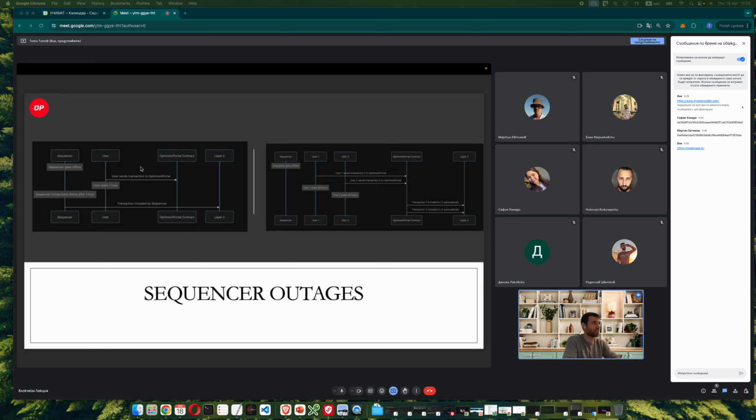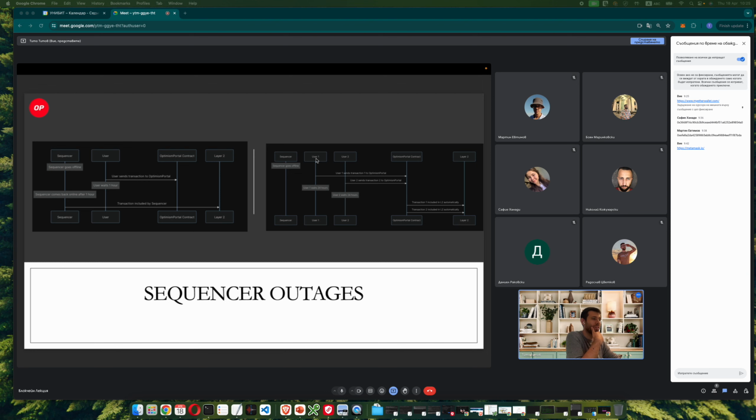So now we have something which is important from a decentralization and security point of view. What is happening if the sequencer has some outages? So let's look first at the case when the sequencer is totally not working, and basically there is a very serious outage.